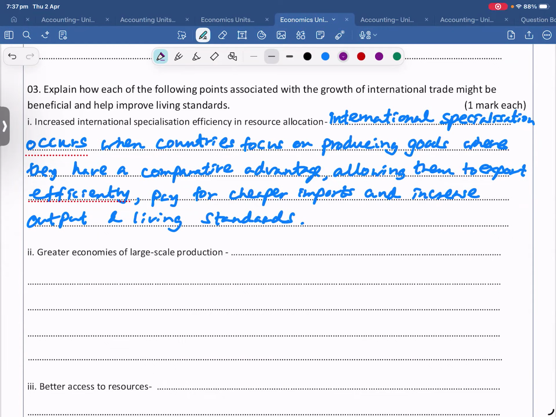We will produce goods and services that have the comparative advantage, so we can efficiently allocate our resources. On the other hand, we will pay for cheaper imports, and then we increase our production, income and living standards. Similarly, guys, this one, economies of scale.